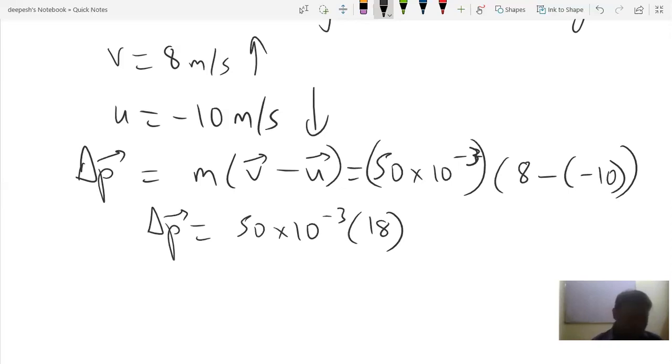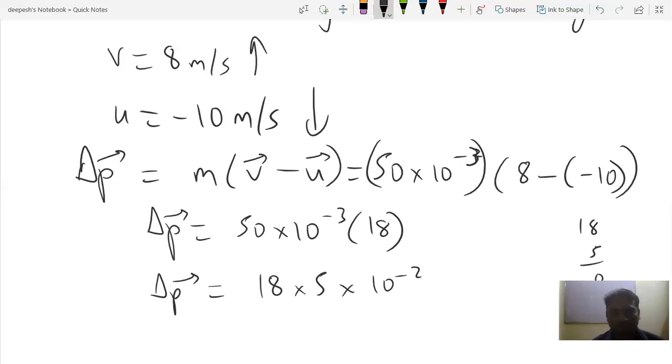So let us do the calculation. It will come out to be 18 into 5 into 10 raised to minus 2. So it comes out to be 90 upon 100, which is 0.9.